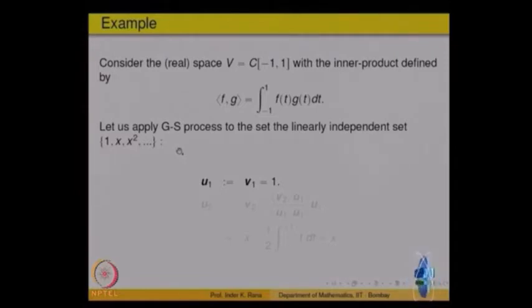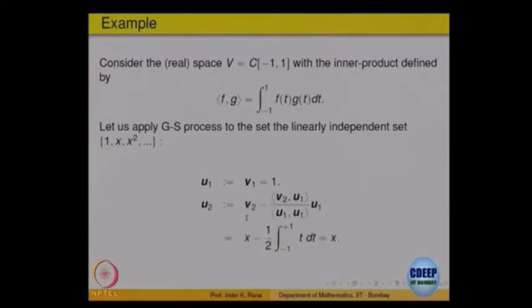If I take this infinite sequence, any finite number of them is linearly independent. So I can apply the Gram-Schmidt process to this set. What will be u1? That vector is the same as v1, the constant function 1, because the first one is taken as it is.